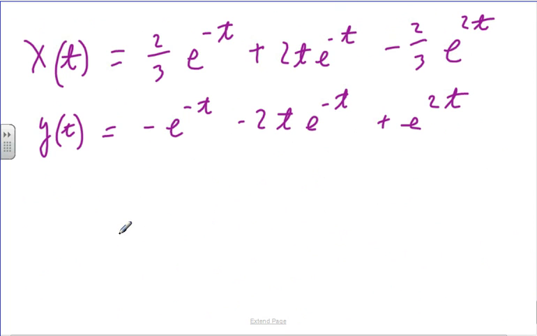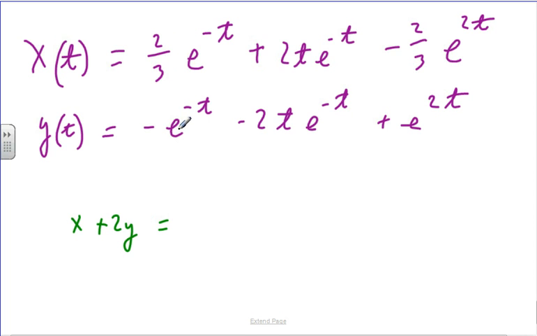I'm now going to check my work, and I want x plus 2y. Okay, so x plus 2y. So I've got minus 2y.